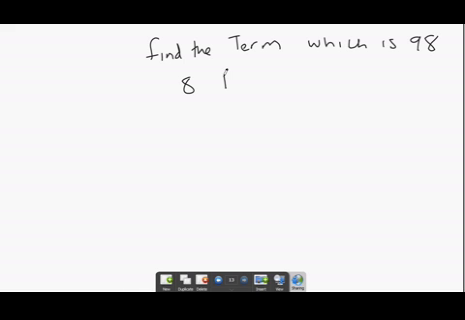8, 10, 12, 14. In this case, our D, as you can see, is clearly 2. So if we find our D twice, we're going to get 2. And our A, in this case, is 8.